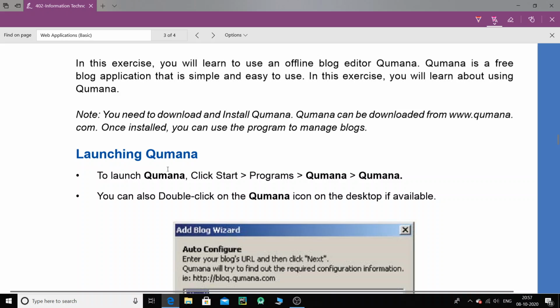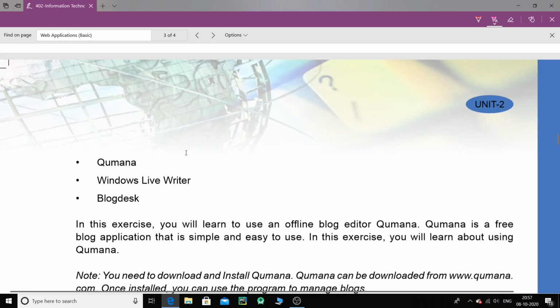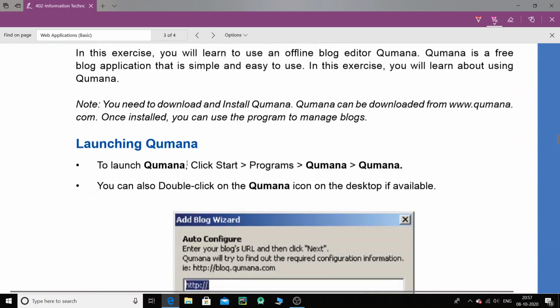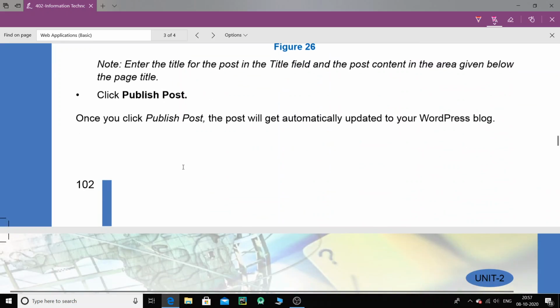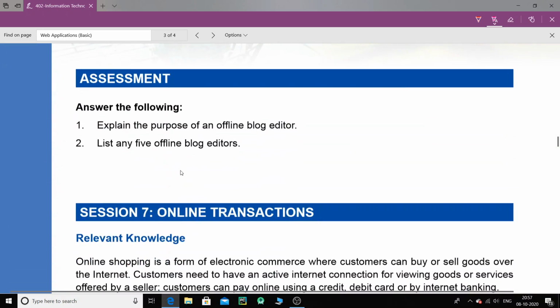That is how I can pronounce this, Qumana. Okay, then these are some of the offline blog editors. Then we have how posting can be done.